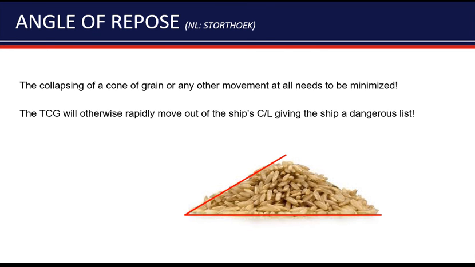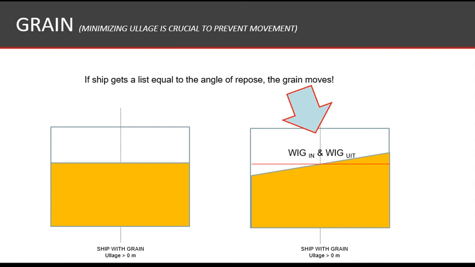Then we have a zero list, and that's how we go to sea. In case the grain moves in the cargo hold, it means that the transverse center of gravity will rapidly come outside of the center line, and that gives a list to the vessel, and this list can be dangerous.